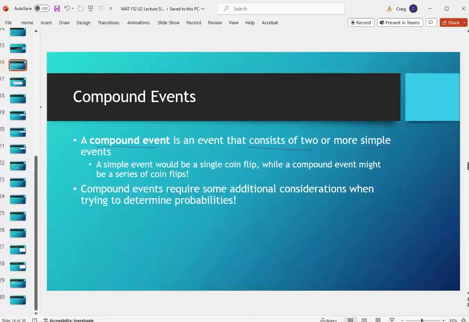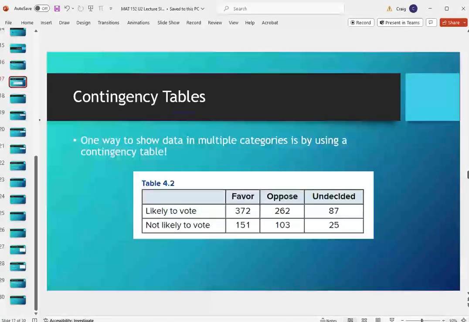When we are trying to find the probability of compound events, we have to consider a few other things. You have to think about how you are counting things, which is really the main issue that people run into. One thing that's common for you to see here are what are called contingency tables. They're sometimes called crosstabs tables or cross tables.